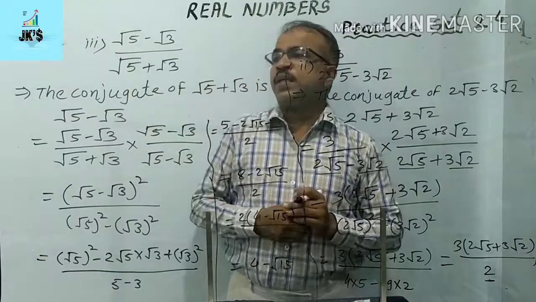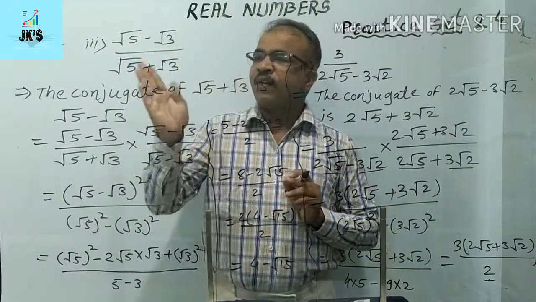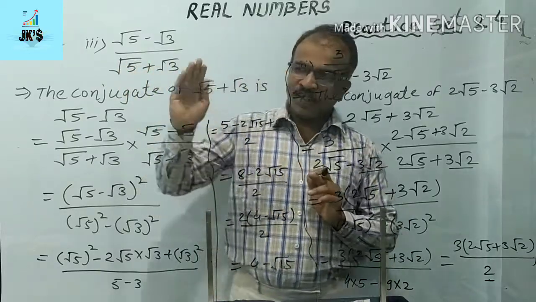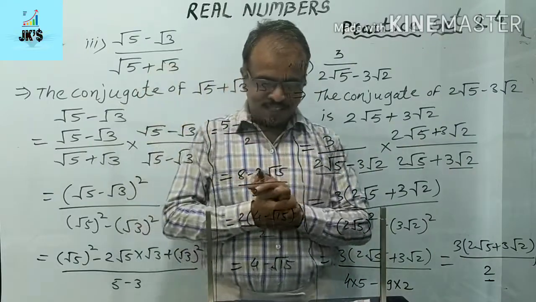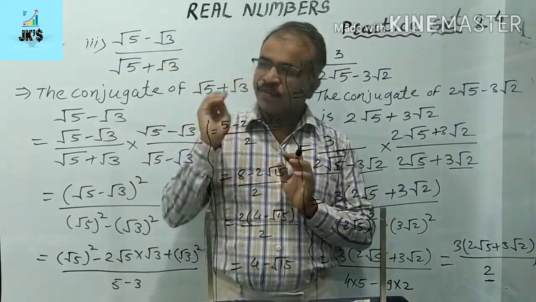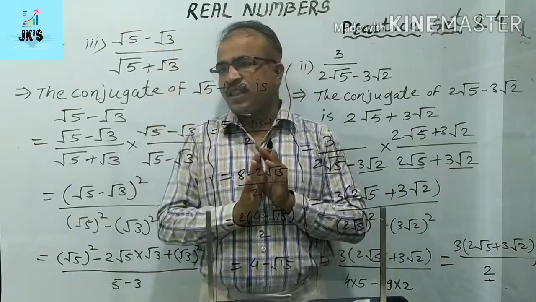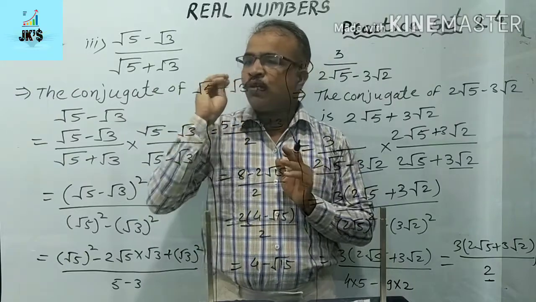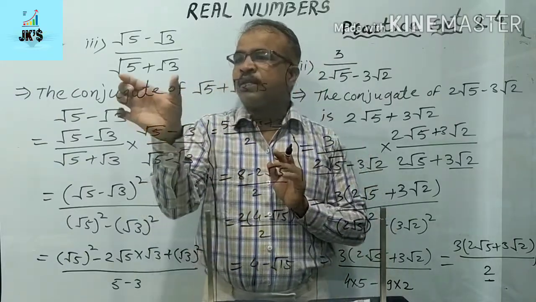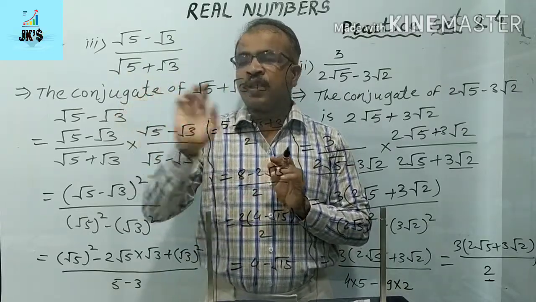The third example is root 5 minus root 3 divided by root 5 plus root 3. Obviously the numerator and denominator are conjugates of each other, but we can't consider the numerator at this stage because we are going to rationalize the denominator. So we consider the denominator, root 5 plus root 3.